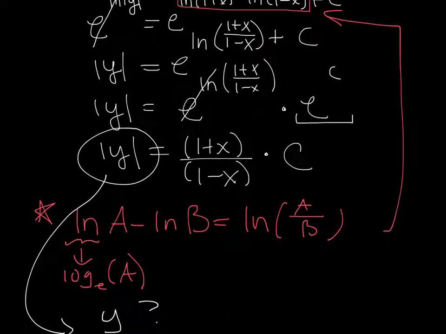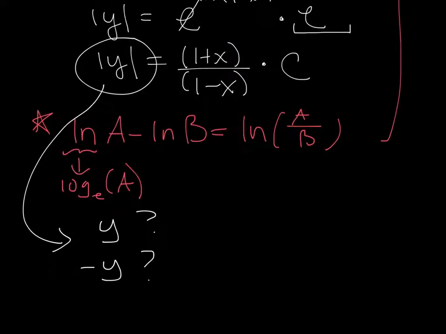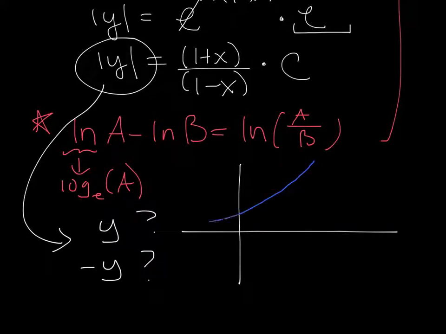The generic function looks something like this. There's our exponential function. It's getting closer and closer to this line, but it never actually touches 0. This is the horizontal asymptote, and it grows rapidly. This is your general y equals e to the x.